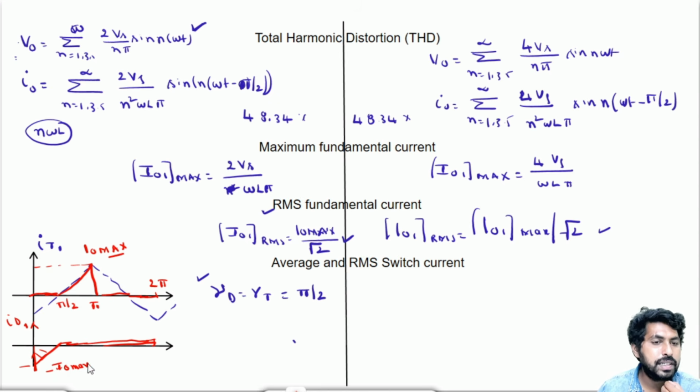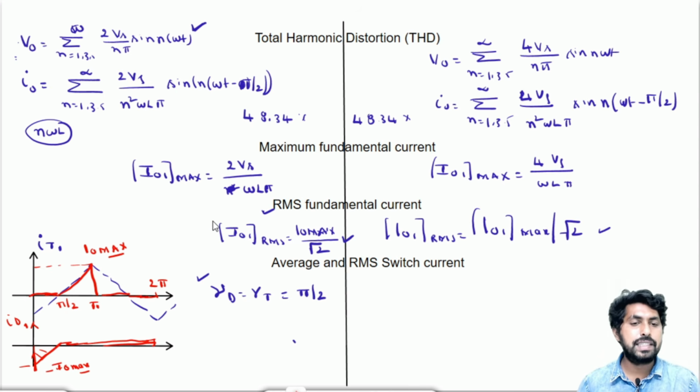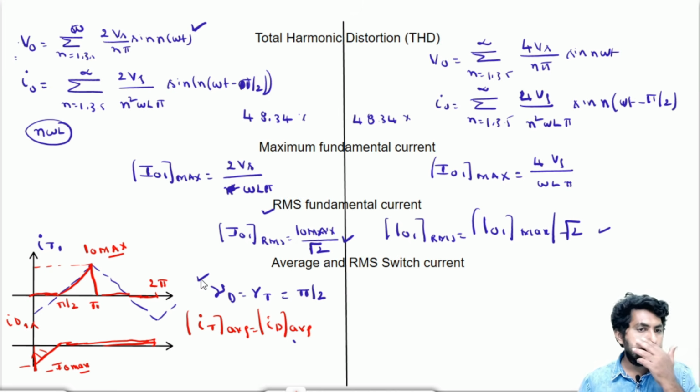If I find the average values, the average value of the thyristor current will be the same as the average value of the diode current. Either full bridge or half bridge, we get the same waveform. Only the I naught max value is different, but the waveforms are similar.